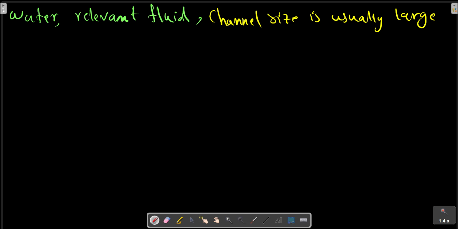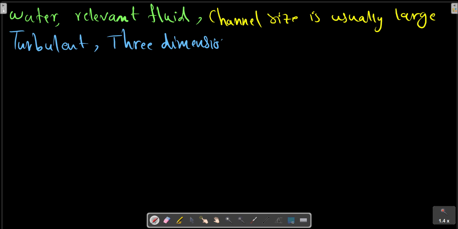Thus, open channel flows are generally turbulent, three-dimensional, sometimes unsteady, and often quite complex.